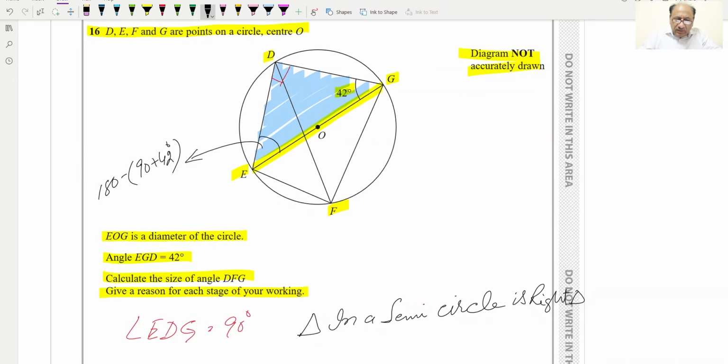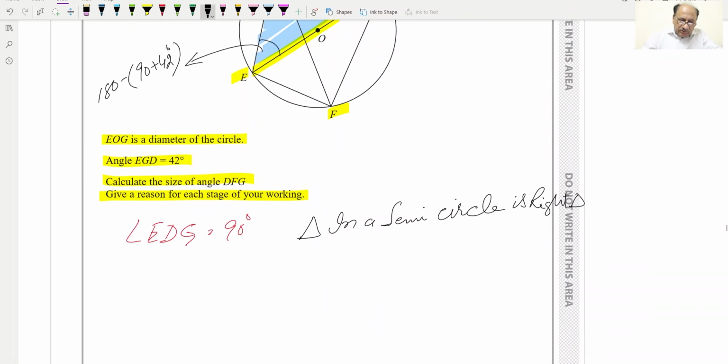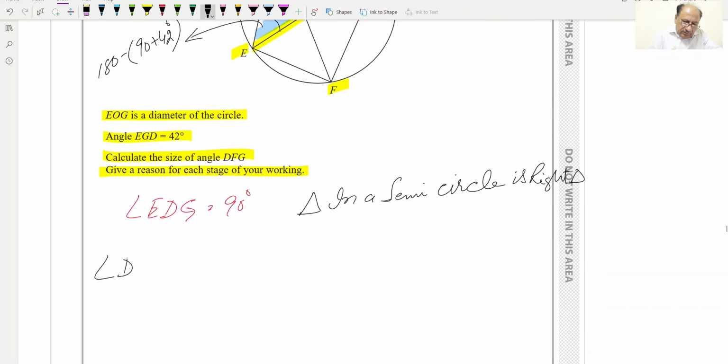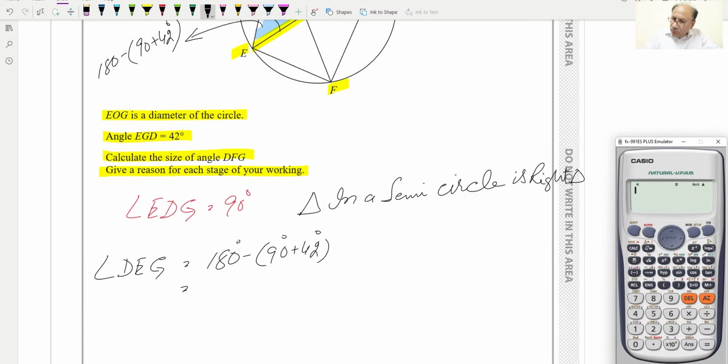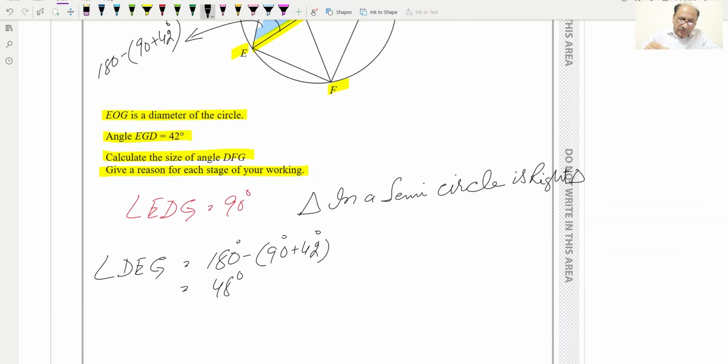We can write angle DEG is equal to 180 minus (90 plus 42) degrees, and this is equal to 180 minus 90 plus 42. We missed 0 basically, and this is equal to 48. So 48 degrees.